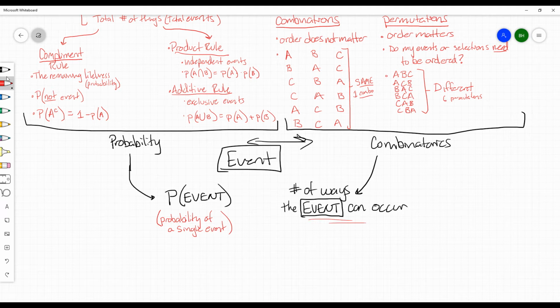Eventually we need to put these two things together. So we take the probability of whatever that event is, and then we multiply it by the number of ways the event can happen.